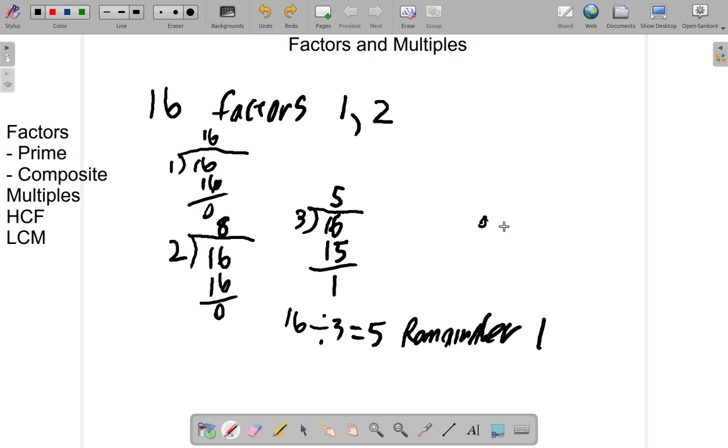If you have 16 items, 1, 2, 3, 4, 5, 6, 7, 8, 9, 10, 11, 12, 13, 14, 15, 16, you have 2's, 2's, 2's, 2's, 2's, 2's, 2's, 2's. So there is a set number of 2's in 16. Suppose we try 3's.